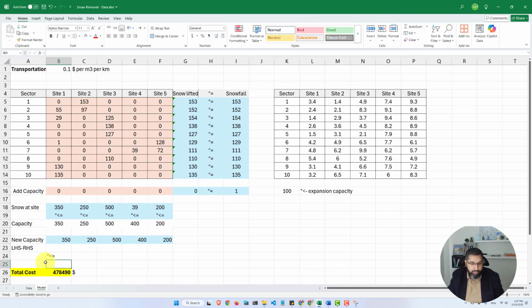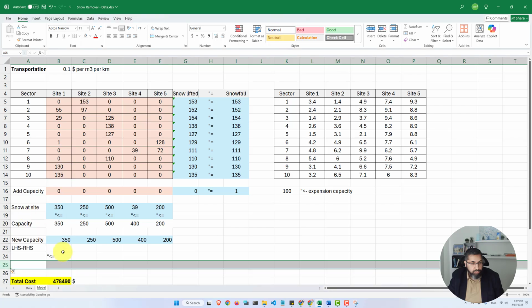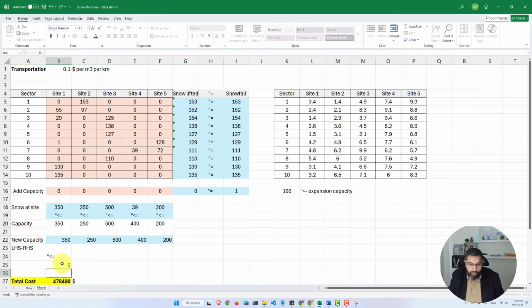Okay, let me add a row. So here I'm going to put, this has to be less than or equal to this. So I'm going to do this minus this has to be less than or equal to 0.